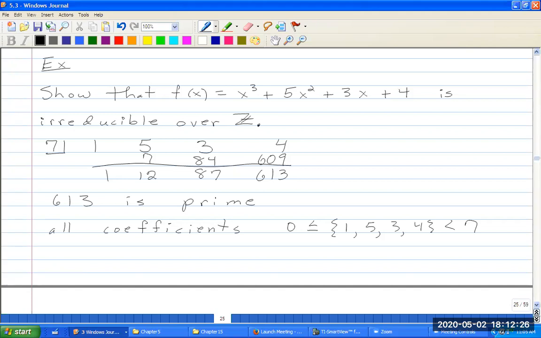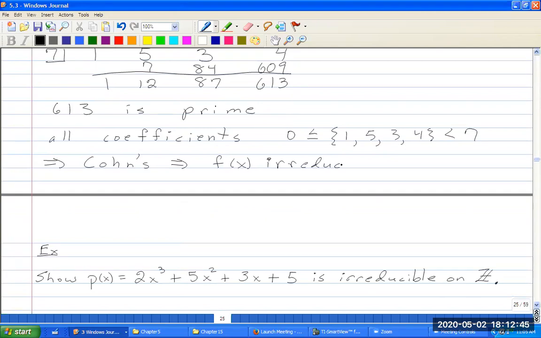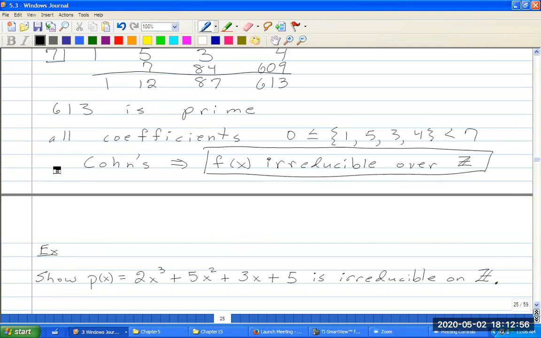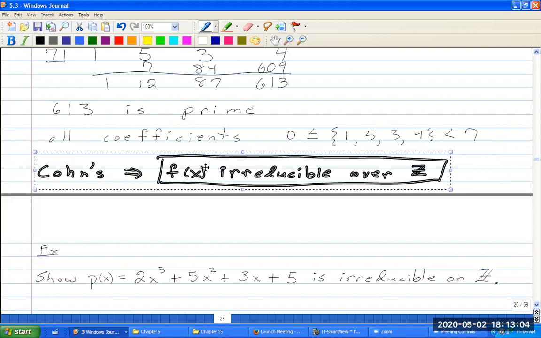Then by Cohn's irreducibility criterion, we have that f is irreducible over the integers. And so you've shown that it's irreducible. Okay.